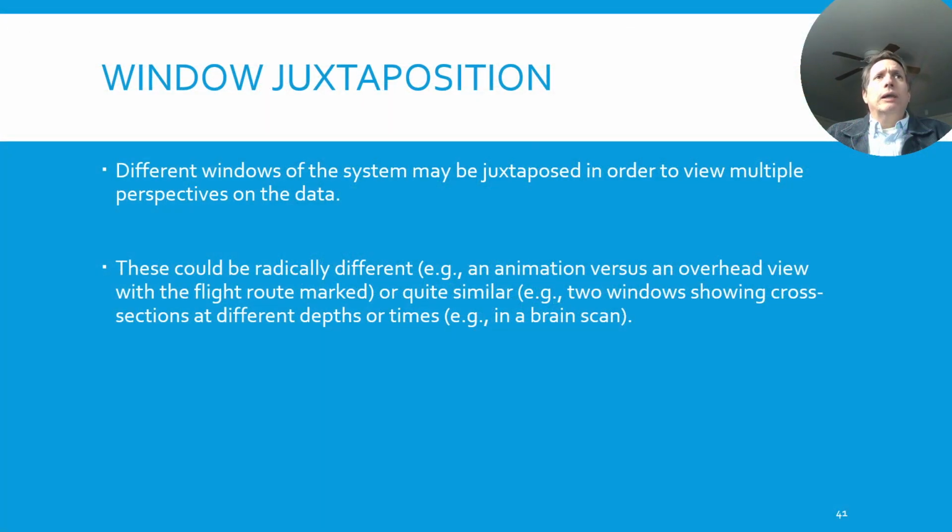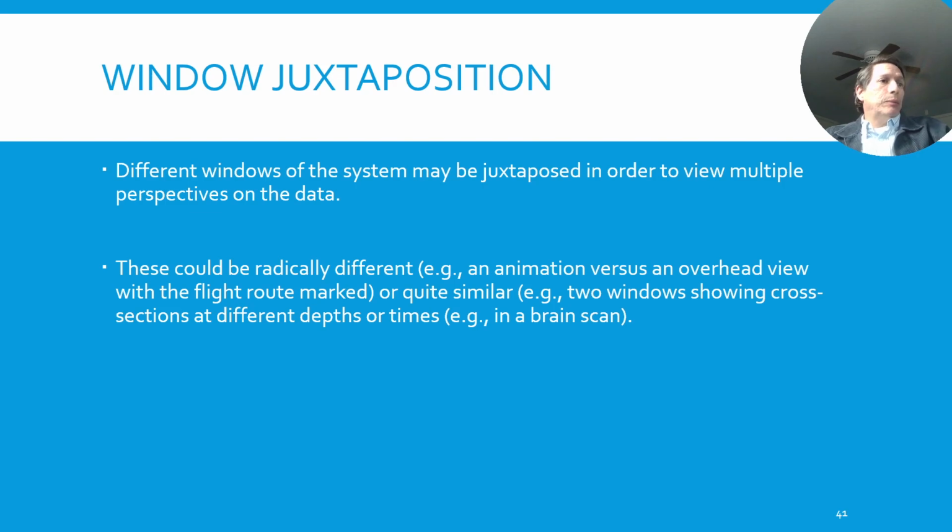Another function that we can have for that is this window juxtaposition. Then you can have multiple views of the data, and one can be an animation, the other one could be a flight route, the other one could be a cross-section at different times.